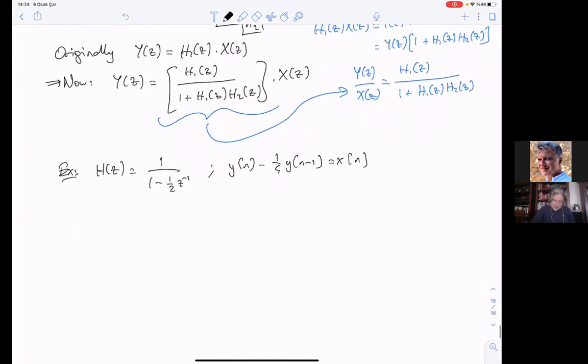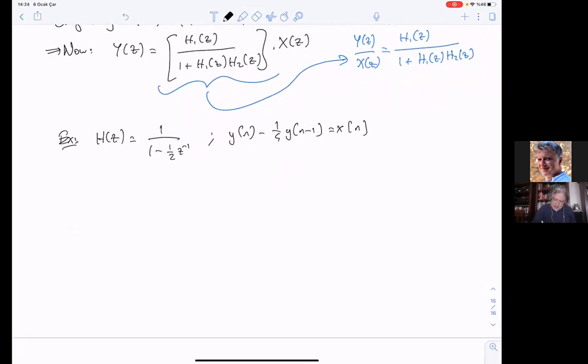And in terms of the block diagrams, it actually appears like this: x going into a system, and the forward system is in the numerator, that is h1, and as you see, it is 1 over, so h1 is equal to 1. We don't have a system in the forward path. There is only a system in the feedback path, that is 1 over 4 z inverse.